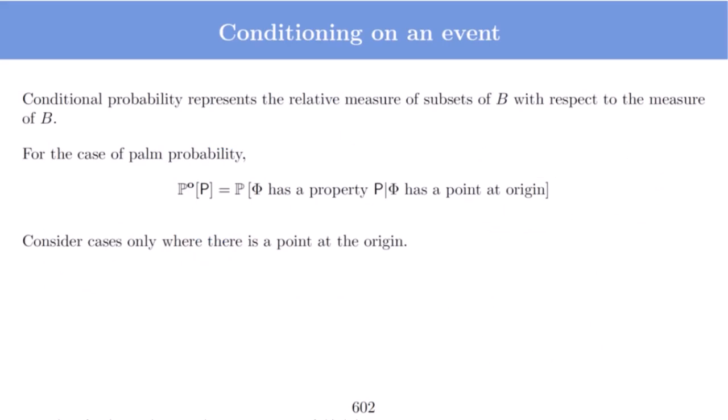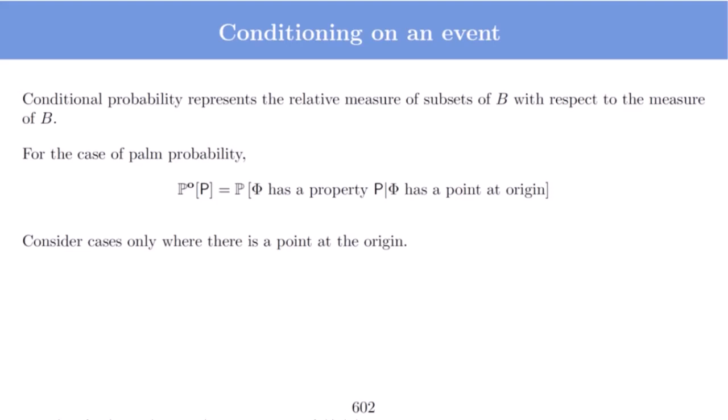So in short, conditional probability represents the relative measure of subsets of B with respect to the measure of B. You take the measure of B, which has now occurred, so B is the complete sample space. Then out of these sets, we create small subsets, which denote A intersection B, and we compute the probability of this.